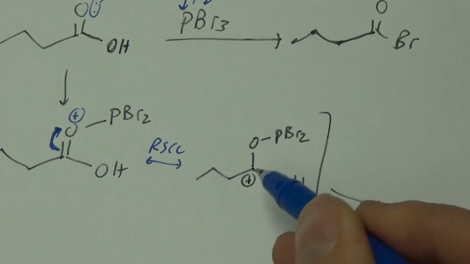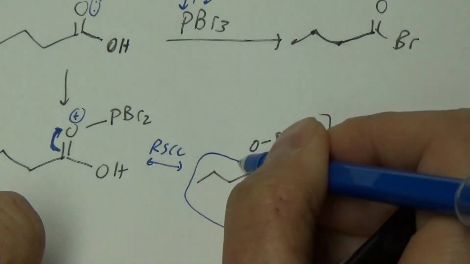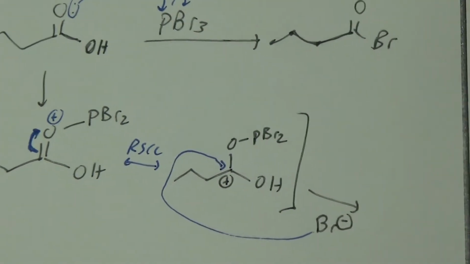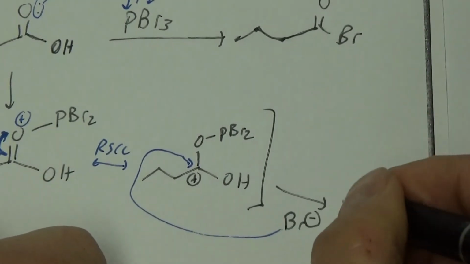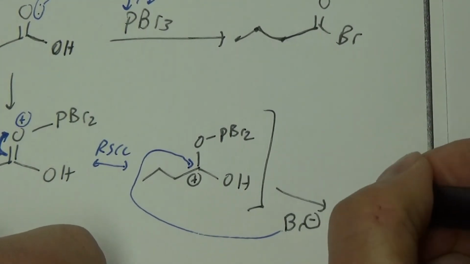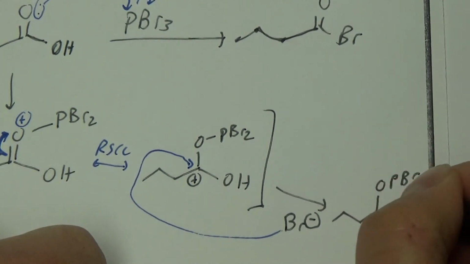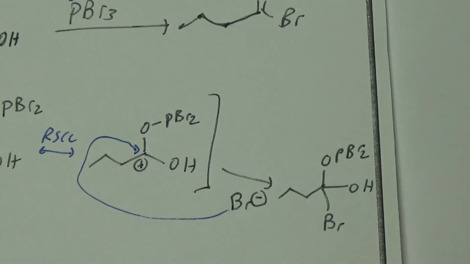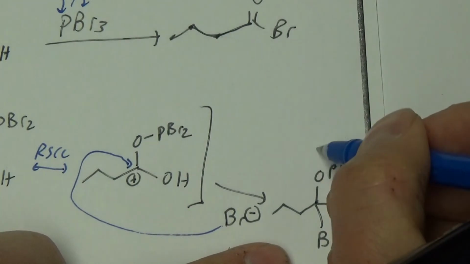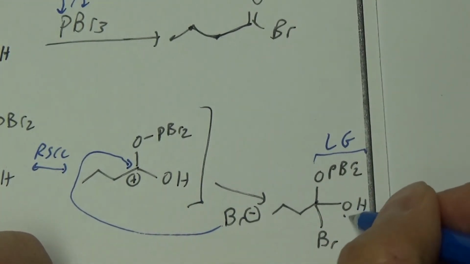I want to attack the carbon, but to do this I'm going to sneak it up around this way, just because I don't have space in the bottom there to draw it. So the Br gets attached. OPBr2, OH, Br. Basically done at this point. This top thing is a leaving group, so I just kick it off.